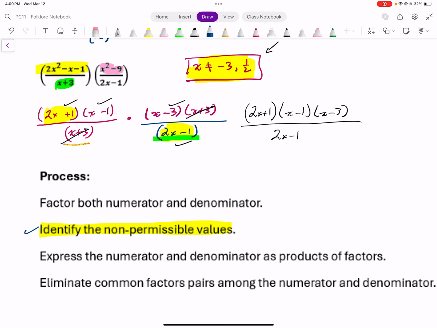We're going to express the numerator and denominator as products of factors, but we're not going to multiply them. Also, we're going to eliminate common factor pairs among the numerator and denominator, just like what we've been doing.